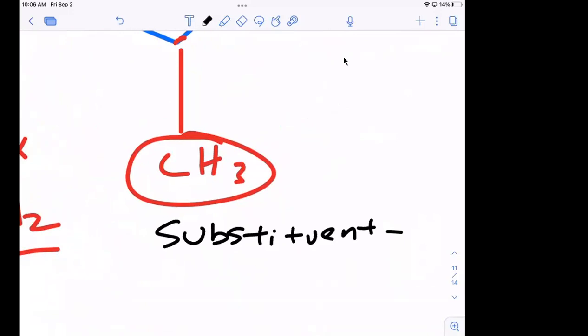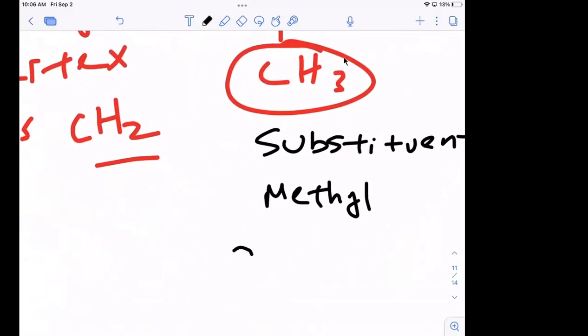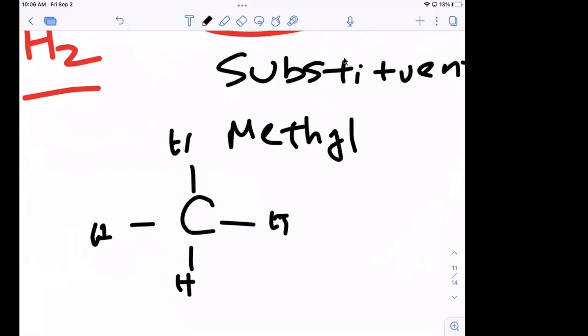So in this case, a CH3, if you watch that video I sent you, then you kind of already know where I'm going. This is what we call a methyl group, and it's derived from CH4, which is, sorry about that. Methane.